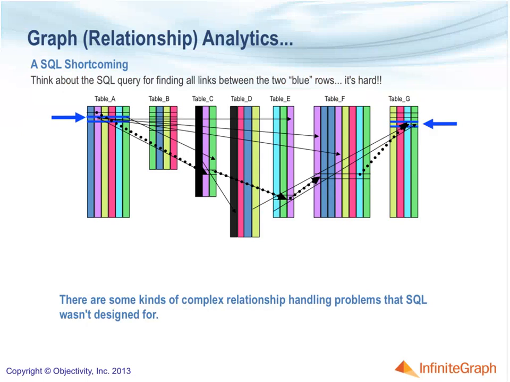You have to write extremely extensive join statements, and it's going to run for a very long time. I'll show you an example later of a system that was built using one of the major relational databases, and which was taking hours to days to perform. And I'll show you a demonstration of it that normally takes seconds to minutes.